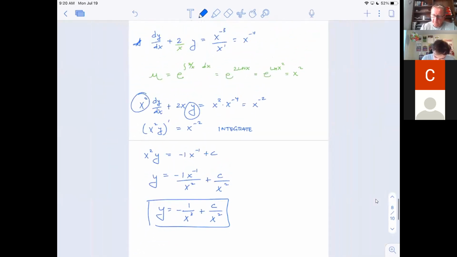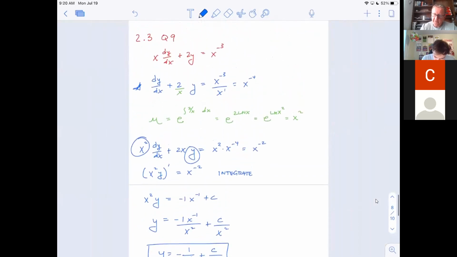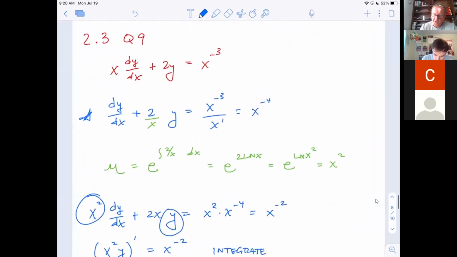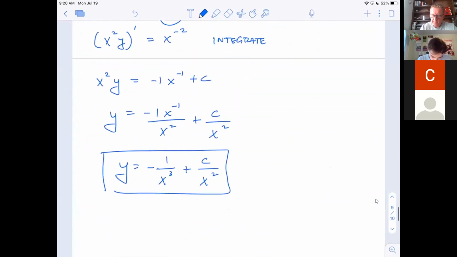Now, let's take Ben's idea earlier. Can I check and see if that is really the solution to this? Does that really work?